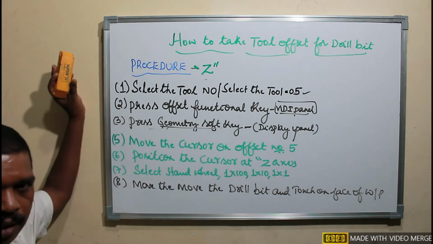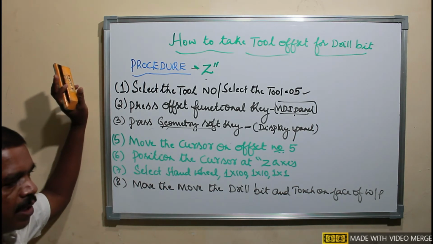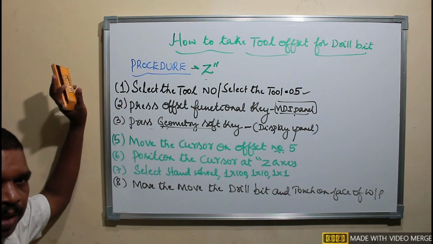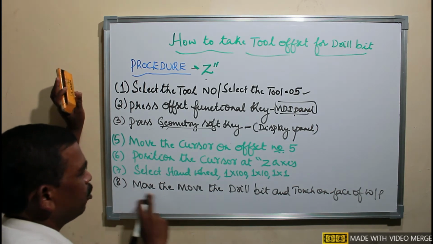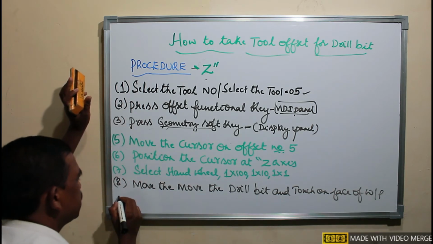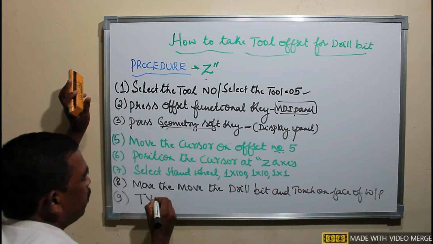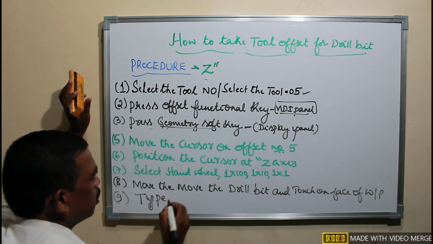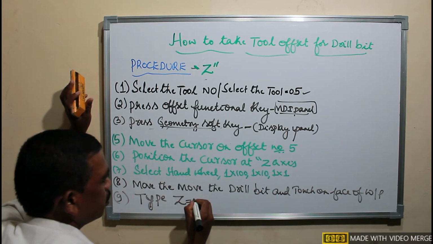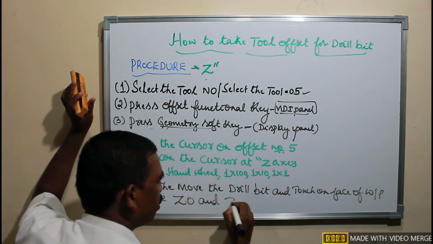So for knowing the gap between the drill bit and the work face, we can use paper in between also. So move the drill bit and touch on the face of the workpiece. And 9th one is type z is equal to z0 and input this.